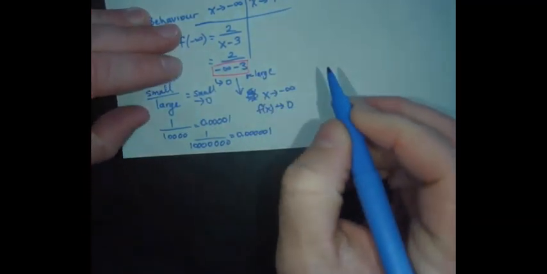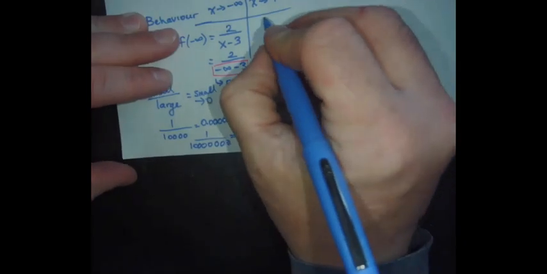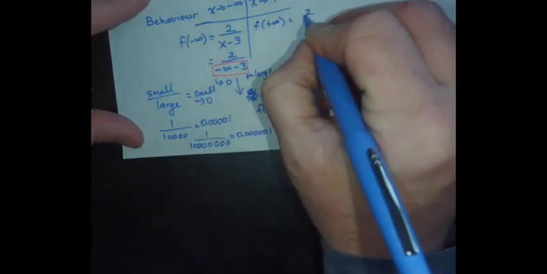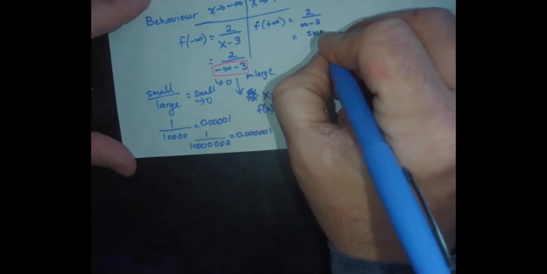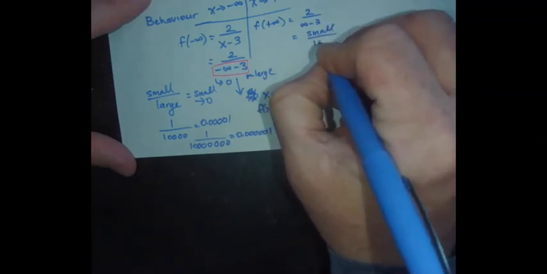We can do the same thing for this one. So we have f at positive infinity. Well, that's 2 over infinity minus 3. That ends up being a small number divided by a large number, so we're going to approach 0.